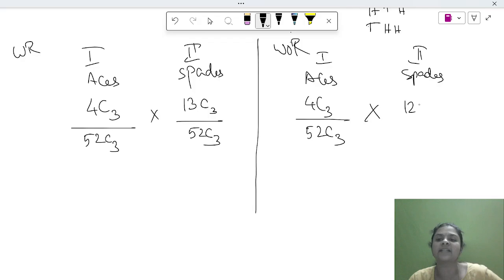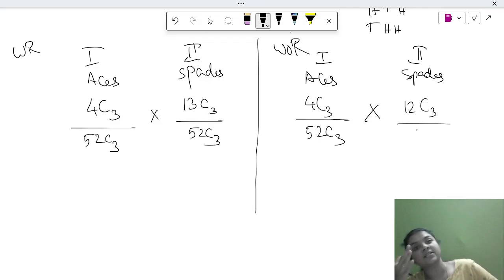Only 12 spades are left. So we will write 12c3 by, out of 52 cards, 3 cards are already selected. So therefore, we are left with only 49 cards. So the answer is 4c3 by 52c3 into 12c3 by 49c3.